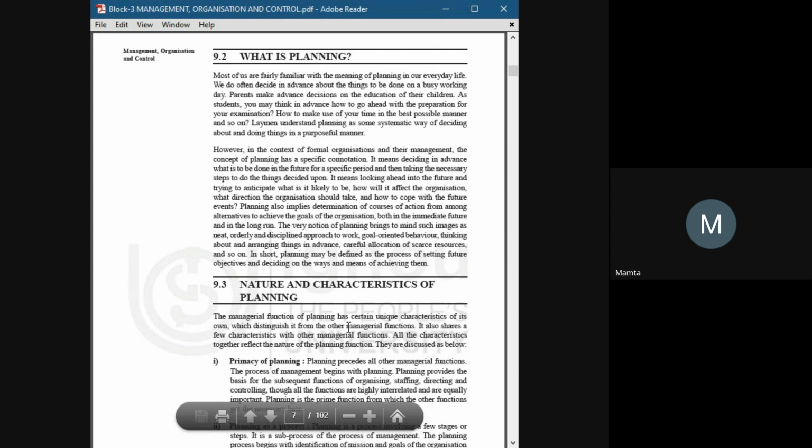Basically, in simple terms, planning is like preparing a route map to achieve a goal. Every person in their life has a goal, and we are working for our goal. You are in this organization, you have opted for the BCom course, and your goal is to get a degree.